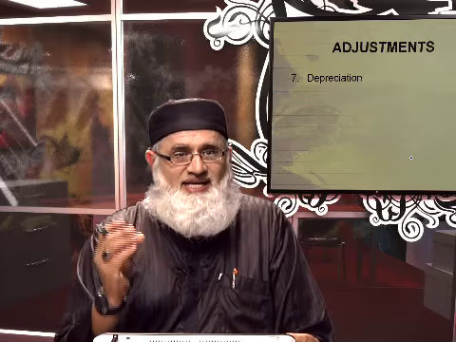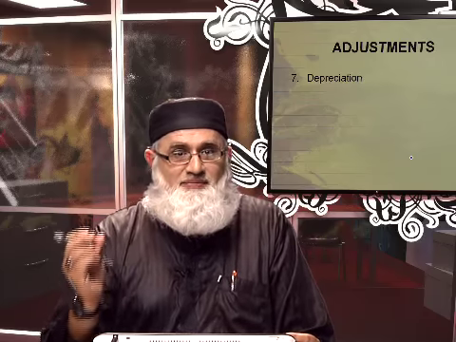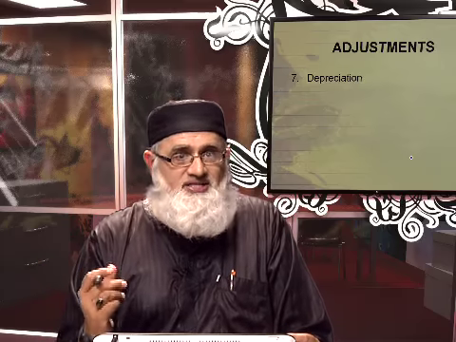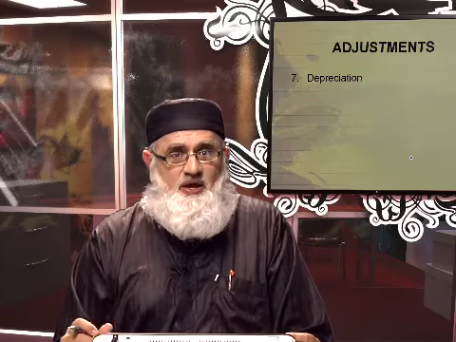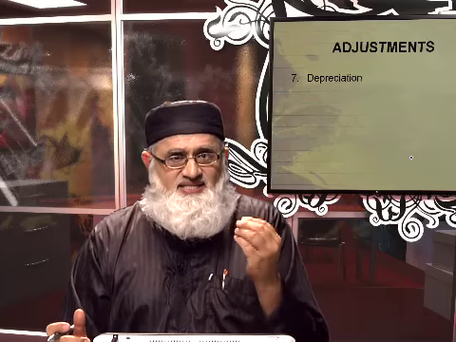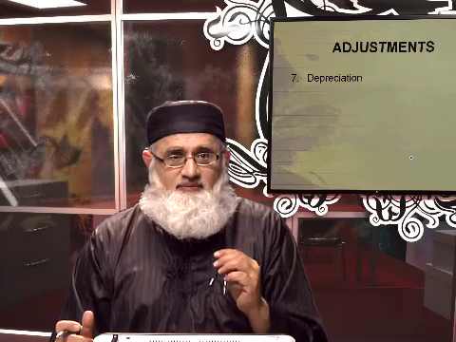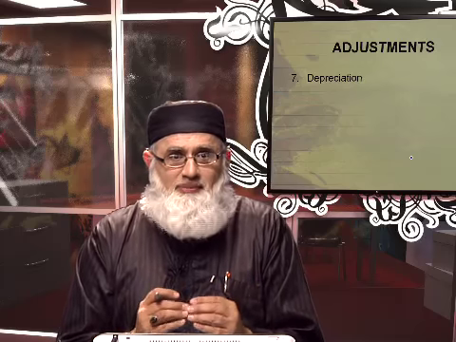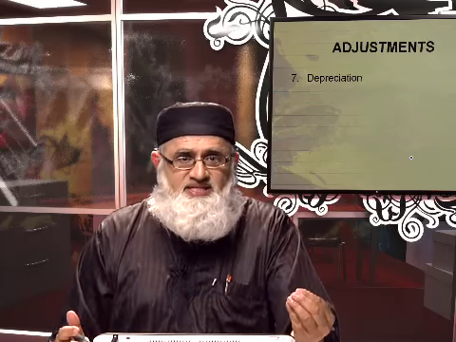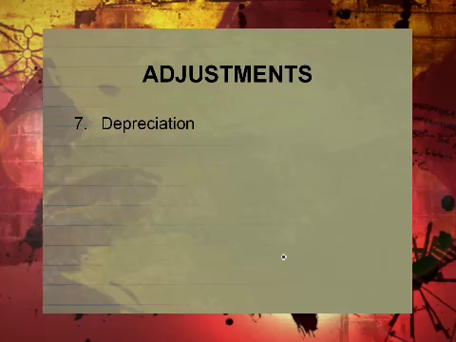You are crediting accumulated depreciation, which is what? A negative asset. What is a negative asset? It's the value by which your asset is decreasing. So once again, the double entry, a debit to depreciation and a credit to accumulated depreciation.